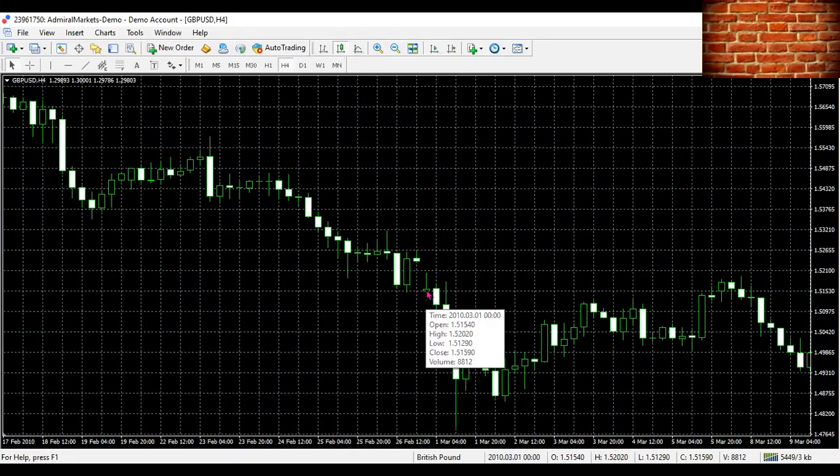And then this 4-hourly candle was on the 1st of March. That would suggest that this candlestick closed on a Friday, and then this one on the 1st of March opened at a much wider gap.